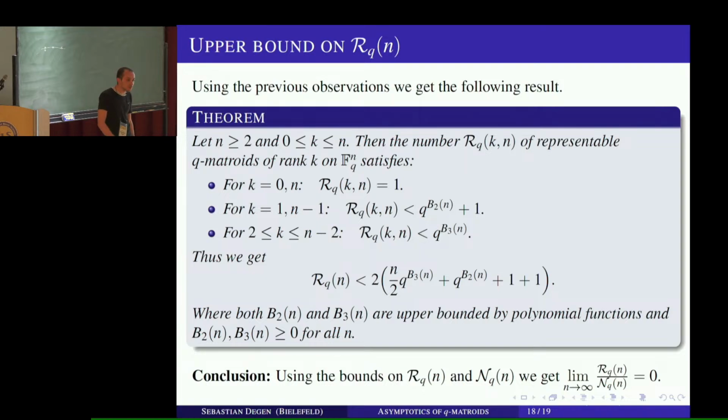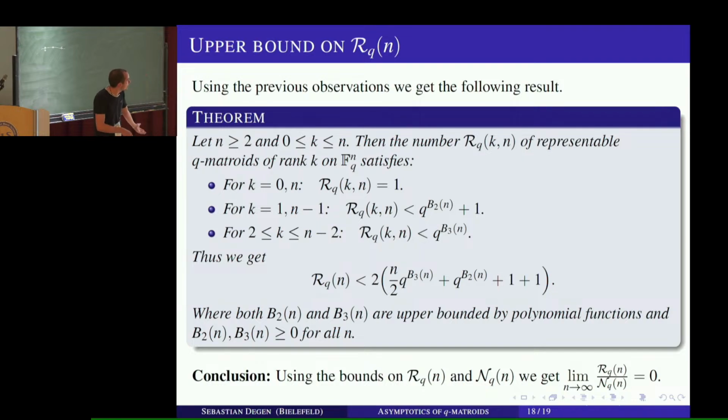So what is the rest? There are n over 2 floored minus 1 many cases, which are in this case here. And these n over 2 floored minus 1, we simply upper bound by n over 2. So this explains this expression. But now, if you look at this expression, this is just a bound which is at most exponential.